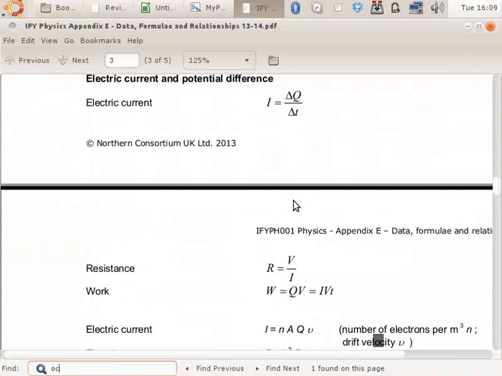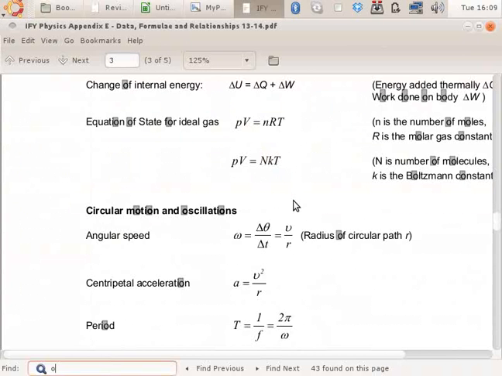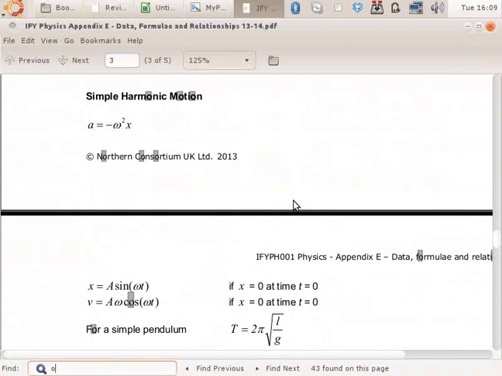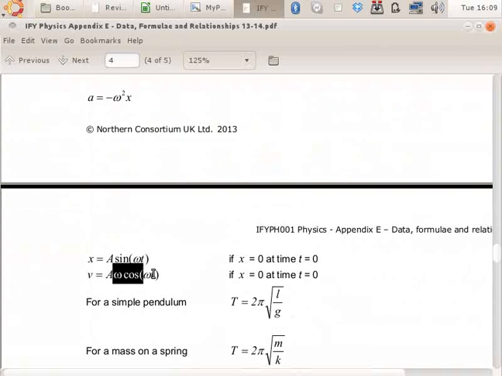V equals A omega cos omega T. What is the biggest that could be? A omega, because the cos can be 1, but there's an A omega in front. So the biggest that velocity could be is A omega.